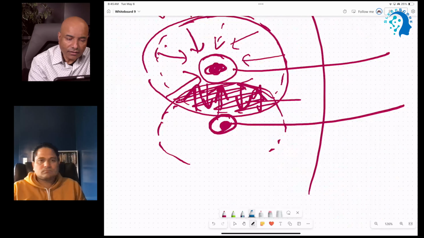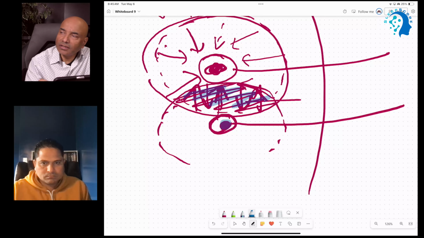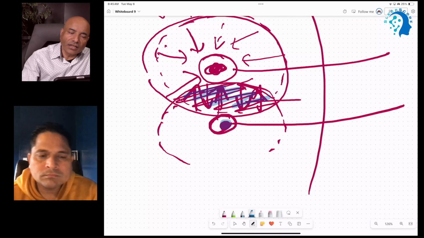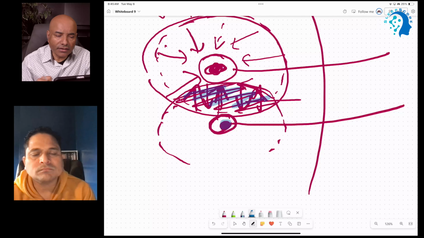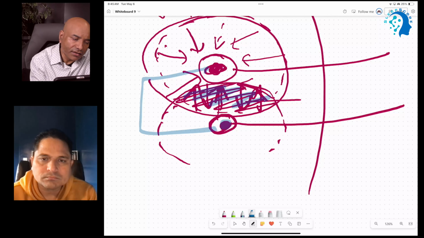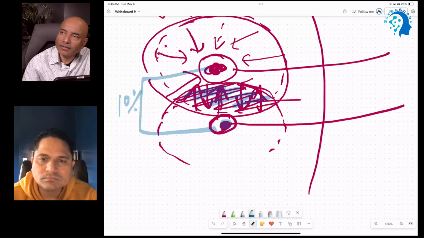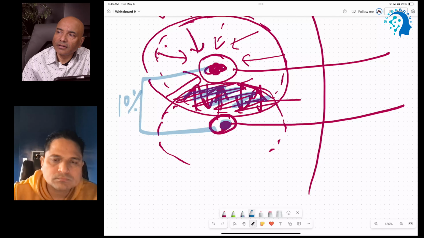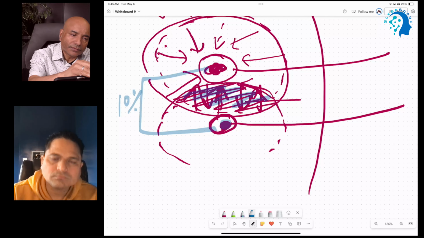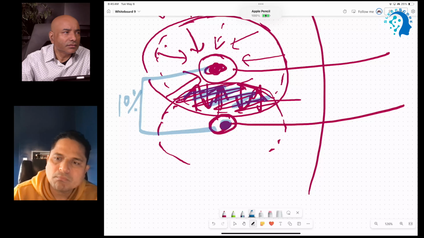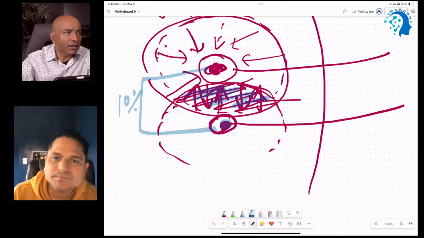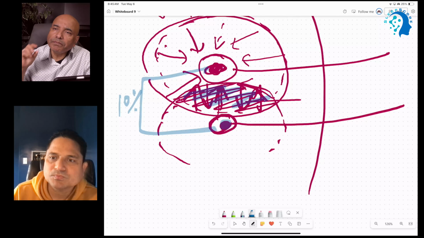But here, this side is common, so the signal is not going to be good because these two electrodes are only 10% apart. Makes sense, right? Any question? No. Okay.